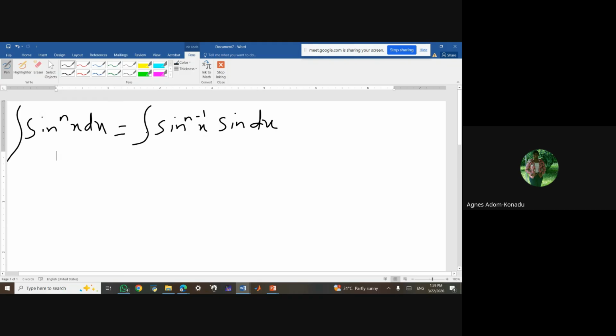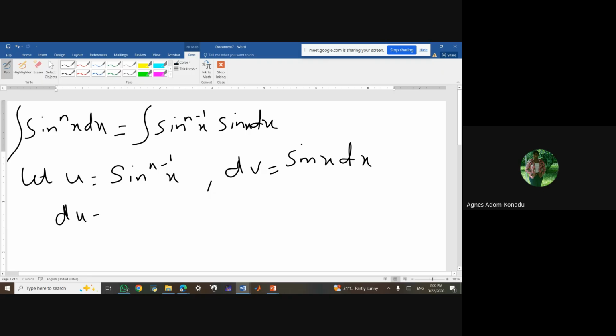Okay, so I have sine to the power n minus 1 x sine x. So I want to use integration by parts. I will let my u be sine n minus 1 x and my dv be sine x dx.